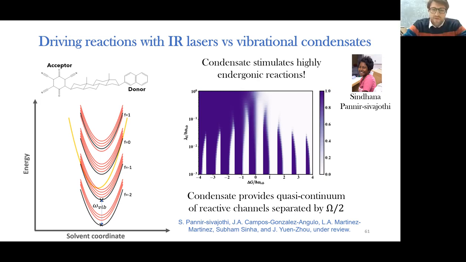Okay, it's just because you have fewer states available for the strong coupling, right? More than that, it's just because the separation of energy between the dark state and the lower polariton is half a Rabi splitting.